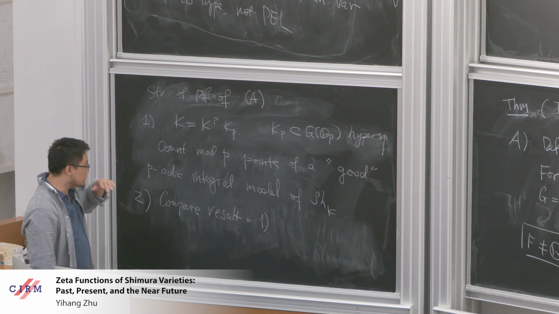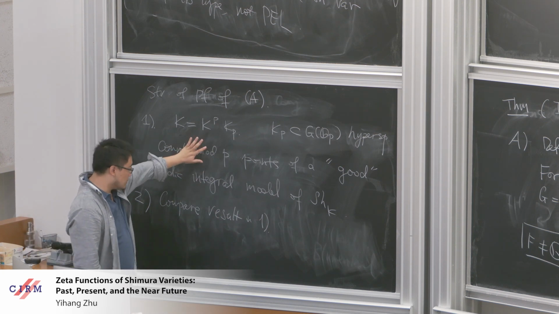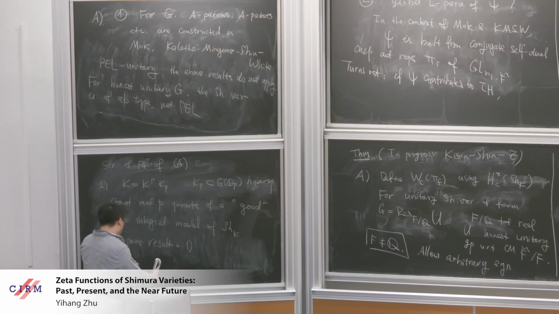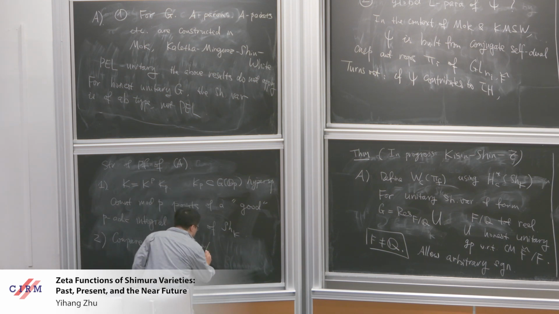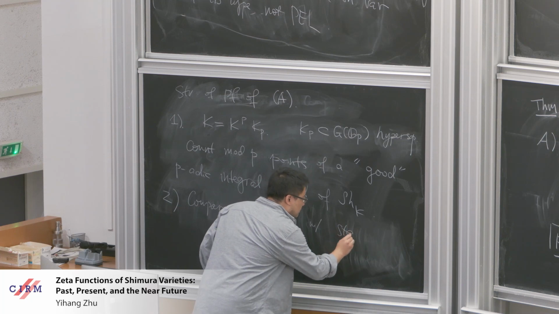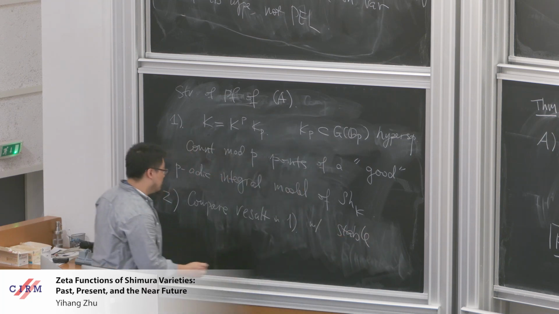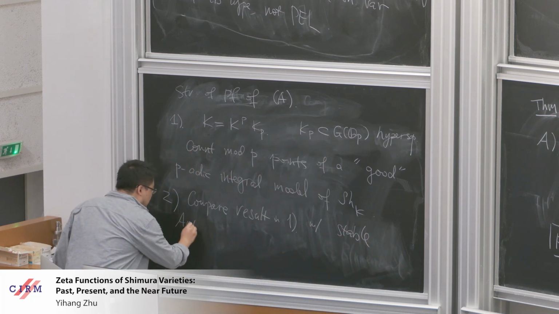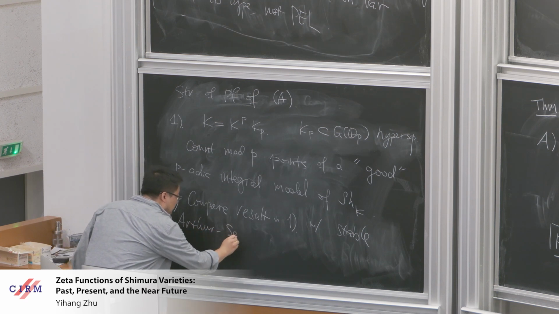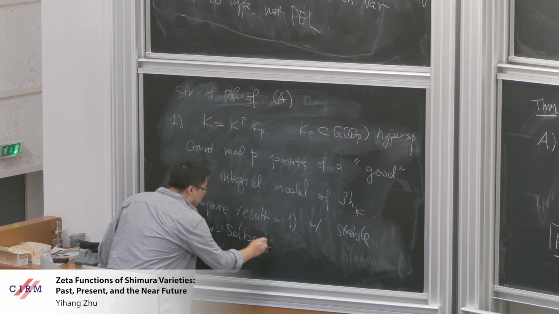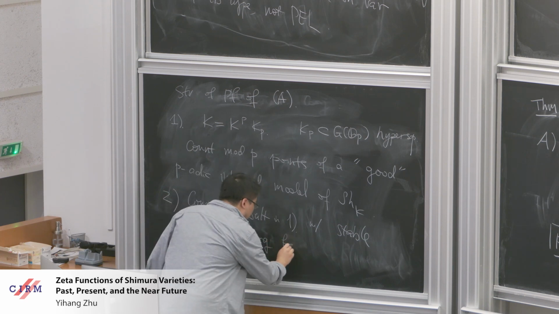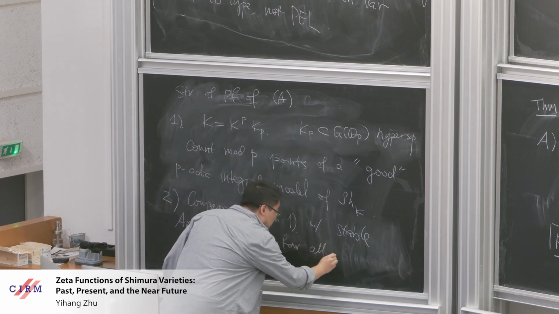But then you get some result counting these points, and we want to compare the counting result with the stable Arthur-Selberg trace formulas for all endoscopic groups.